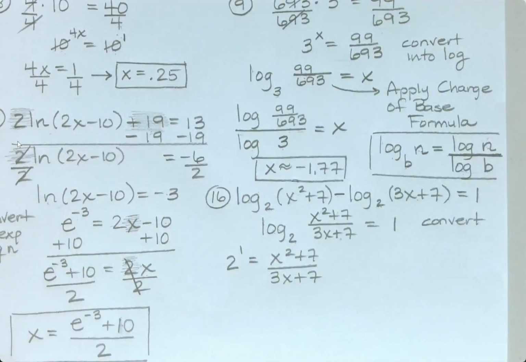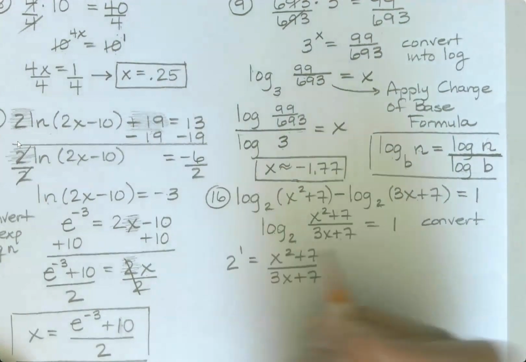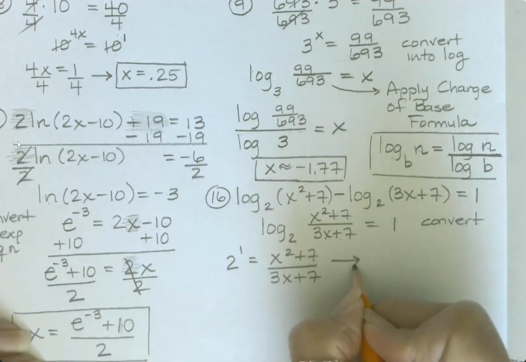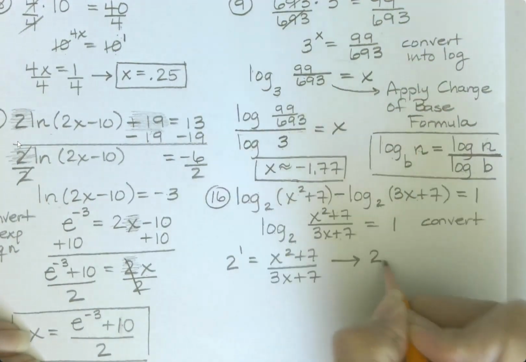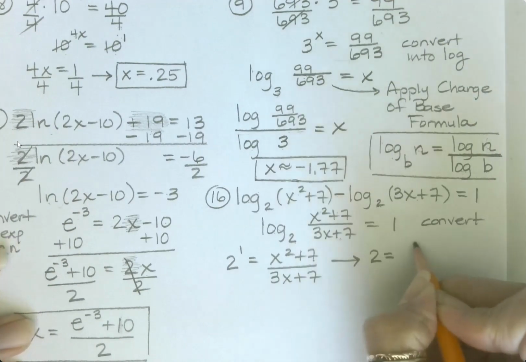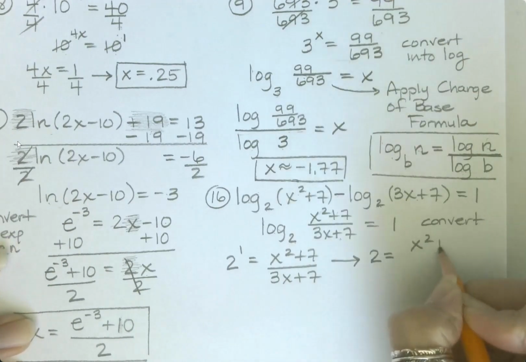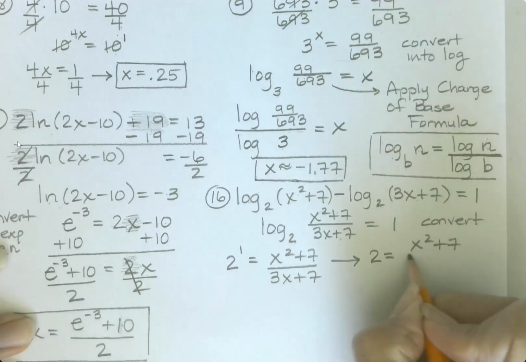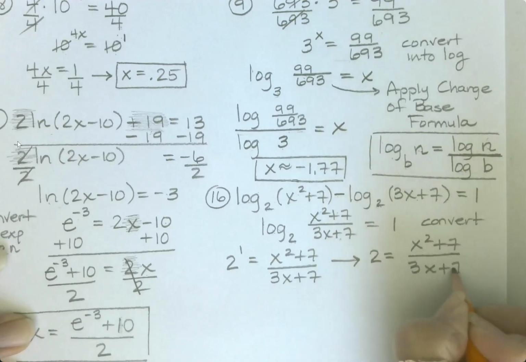Now that's pretty much a mess, right? We see an x squared term, so we know somewhere along the line I'm going to have to factor possibly, right? Now, I'm simplifying that 2 to the first power is just 2, okay?